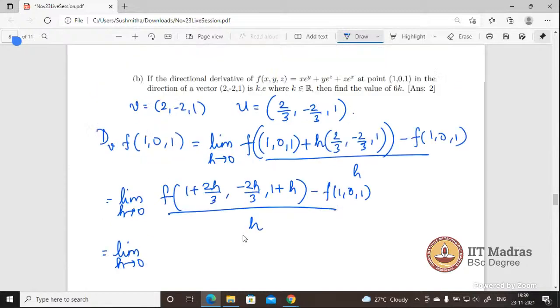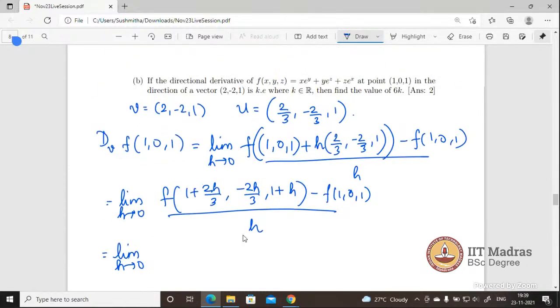What is this? f of x is xyz e raised to power this. So what is this? 1 plus 2h by 3 into e raised to power minus 2h by 3, plus 1 plus h into e raised to 1 plus 2h by 3.